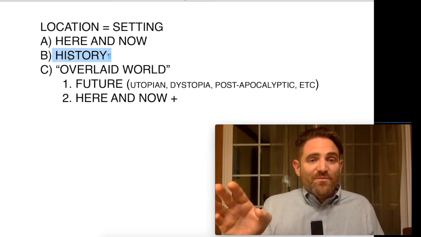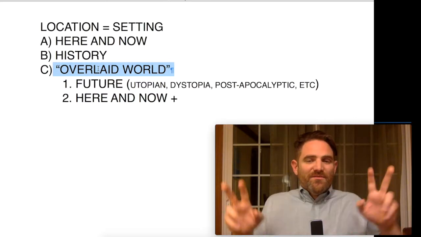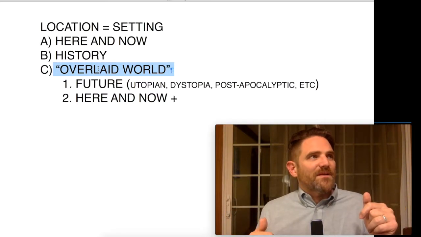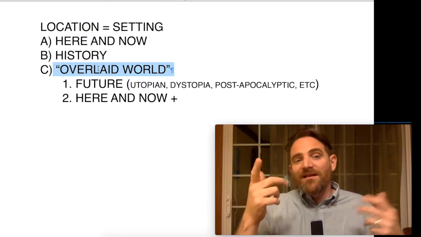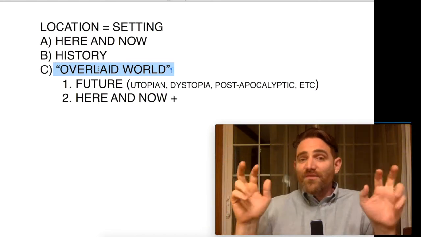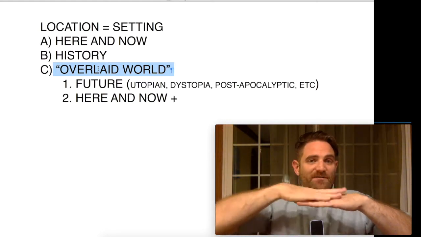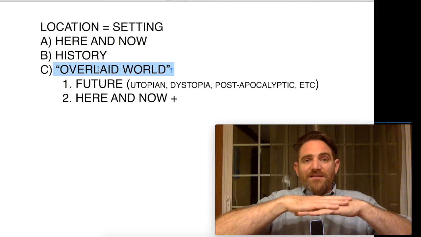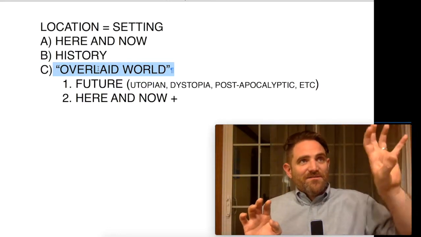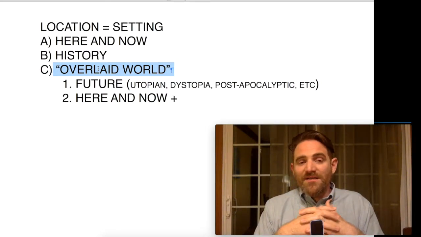If you're inventing a world, I would recommend inventing a kind of world that I would call, or I'm forgetting his name, but I did a video about world building, and one of the scholars talked about overlaid worlds, meaning there's the real world and then there's a little bit of fantasy slapped on top. It's not a completely fantastical universe that is totally divorced from our world. There's points of intersection, right?